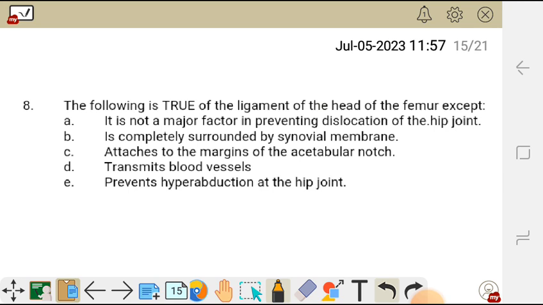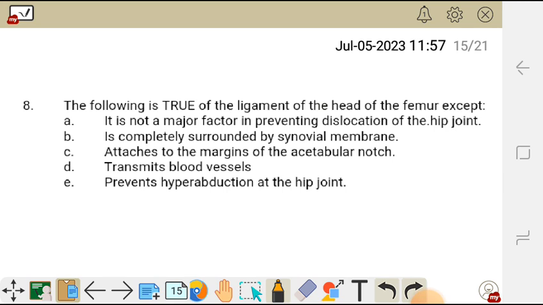The following is true of the ligament of the head of the femur, except: A, it is not a major factor in preventing dislocation of the hip joint. B, it is completely surrounded by synovial membrane. C, attaches to the margins of the acetabular notch. D, transmits blood vessels.